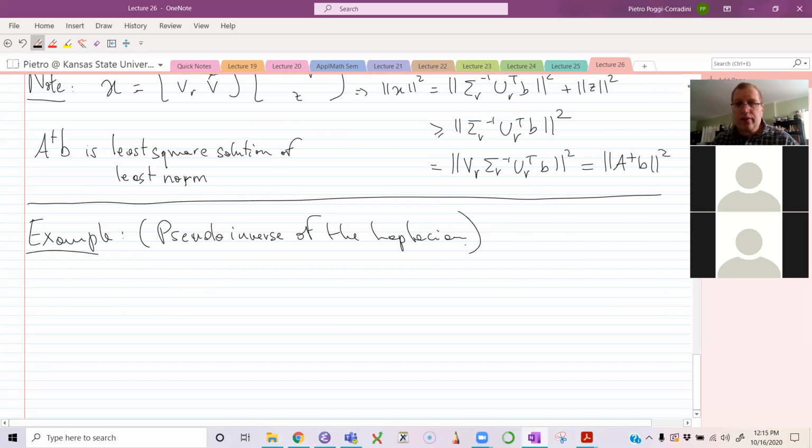We already mentioned some things about the Laplacian. I'm going to work in the generality of a graph G with some nodes and some edges.